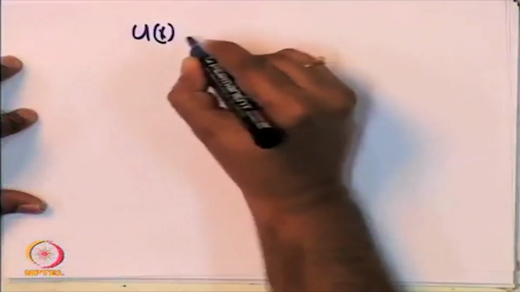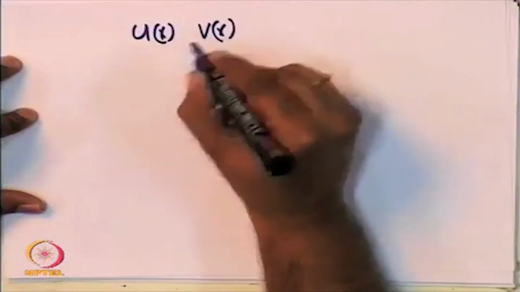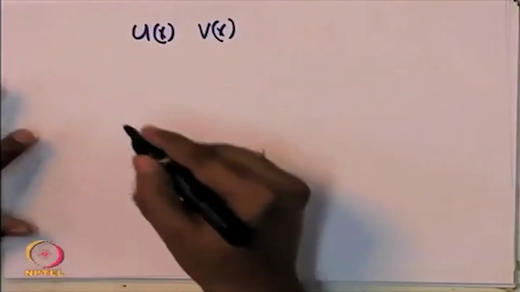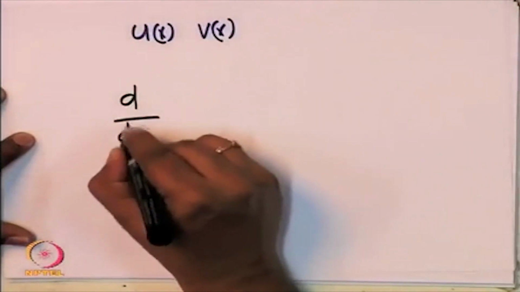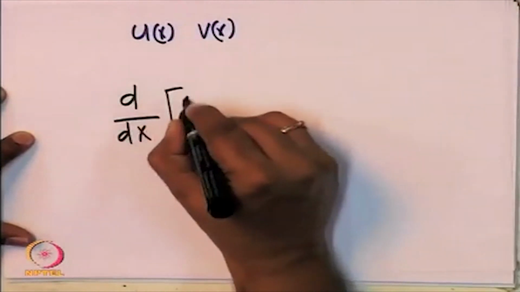And what is that? We learned that if you have two functions, u of x and v of x, there is something called the product rule.